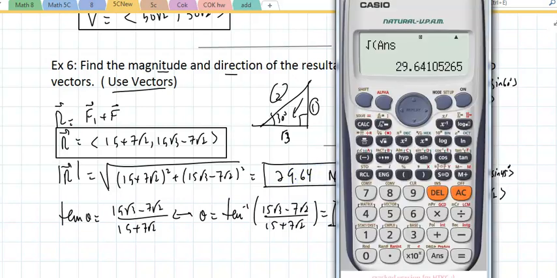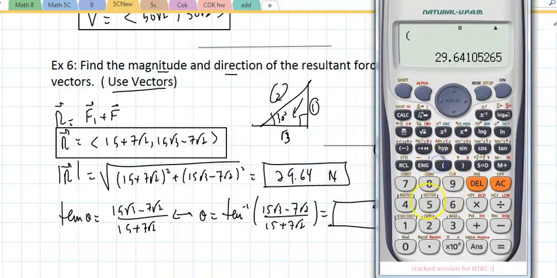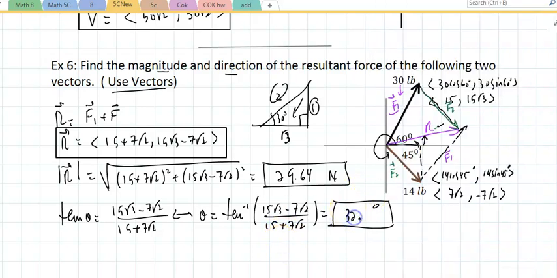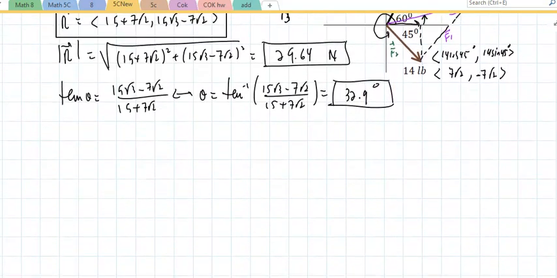And if I want to figure out the angle, I'll take parentheses 15 radical 3 minus 7 radical 2 divided by 15 plus 7 radical 2, and I'll take the inverse tangent. Make sure you're in degrees. We are. If I take the inverse tangent of that answer, it turns out to be 32.9 degrees. And there it is. And that's pretty much it for this section.